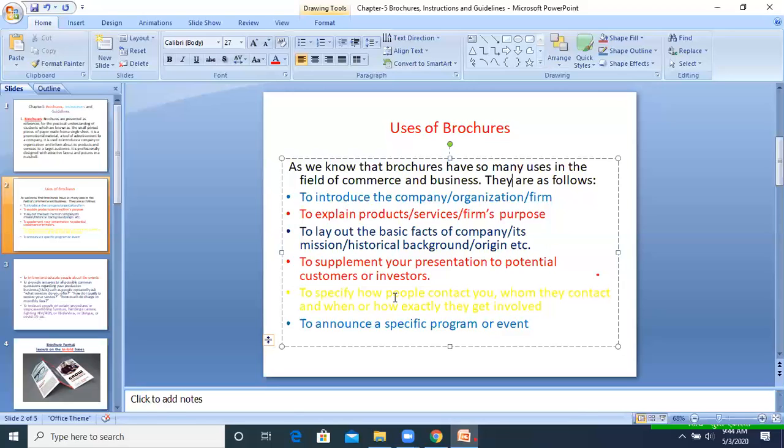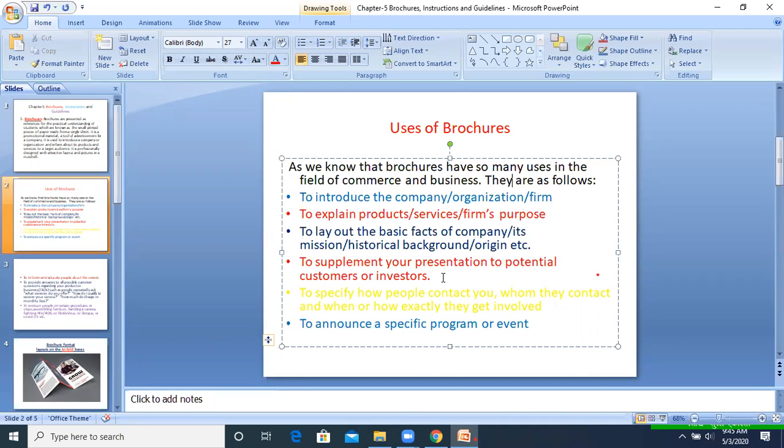To supplement your presentation to potential customers or investors. A company may have customers as well as investors. Investor means here who invests the money to start and run the business, and so we need customer and investor, both of them, to run the company or organization in a smooth way, in an effective way.